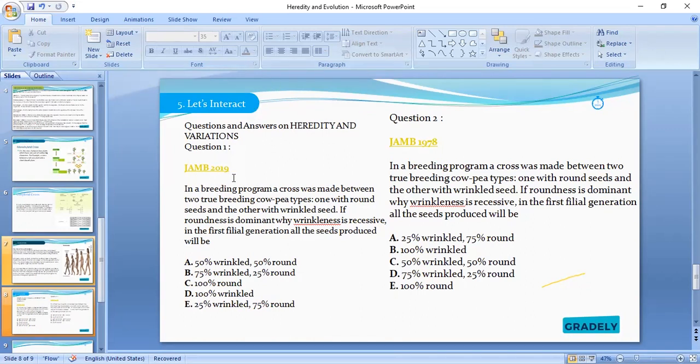Now look at this question. In a breeding program, a cross was made between two breeding cowpea types, one with round seed and the other with wrinkled seed.